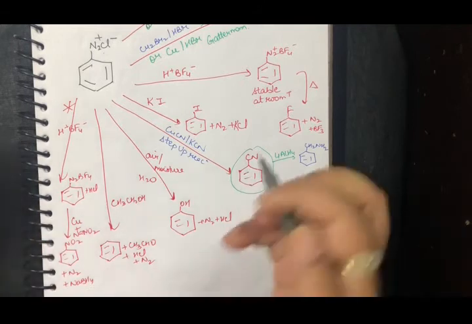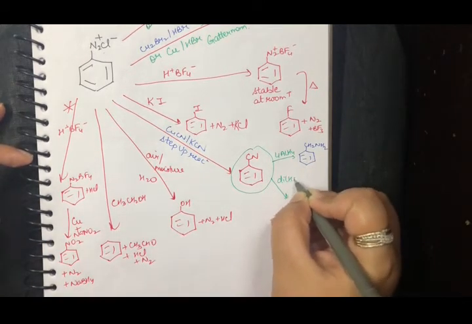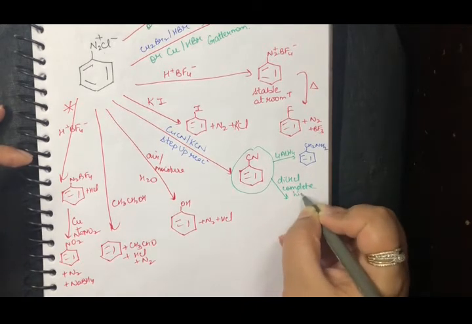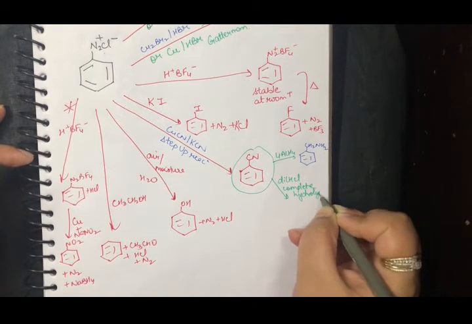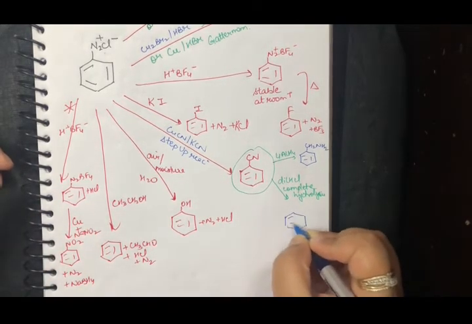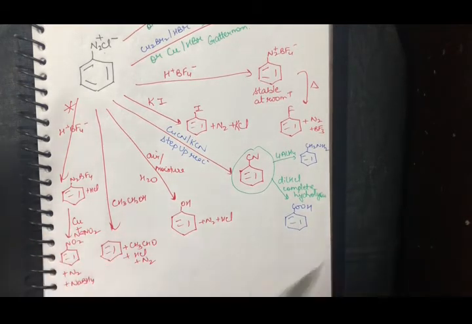Also, if you add dilute HCl here, dilute HCl means complete hydrolysis. If you do the complete hydrolysis of it, you will get the extreme product, that is your carboxylic acid, along with the other byproduct, that is ammonia.